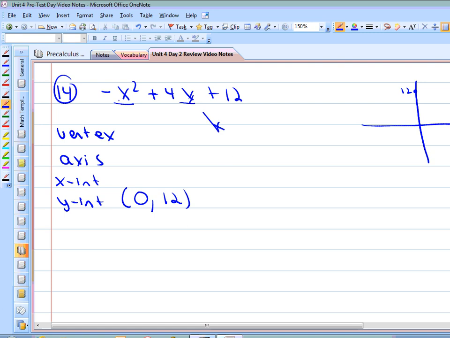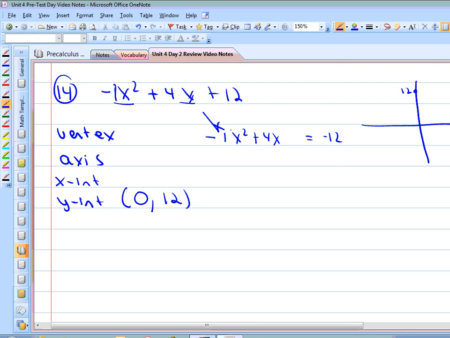There's a couple things we could do to find the vertex and the axis of symmetry. I'm going to leave the negative in there, because I think it's important that you understand that. So think of that as a negative 1. I'm going to move the 12 over, and I have negative 1x squared plus 4x equals negative 12.